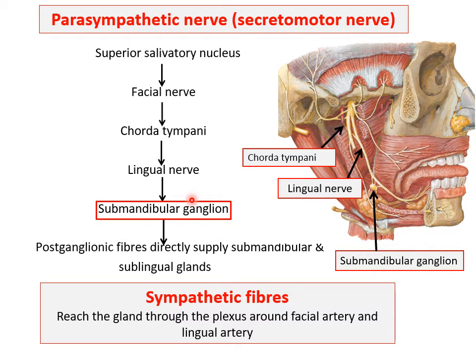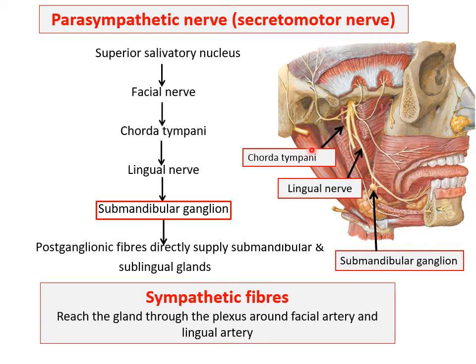Submandibular ganglion is a parasympathetic ganglion where you can see the cell bodies of postganglionic parasympathetic fibers. From this ganglion, the fibers will directly reach the submandibular gland and sublingual gland. I will try to trace the parasympathetic nerve from the figure here.